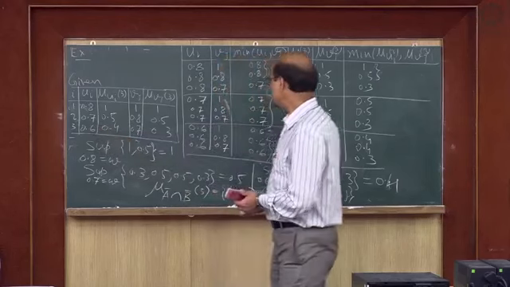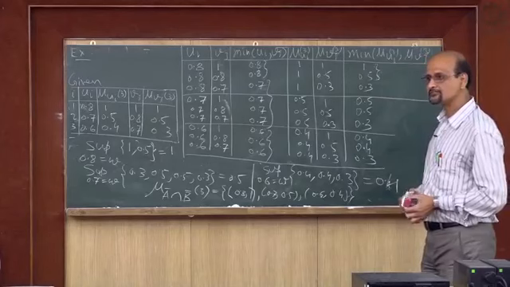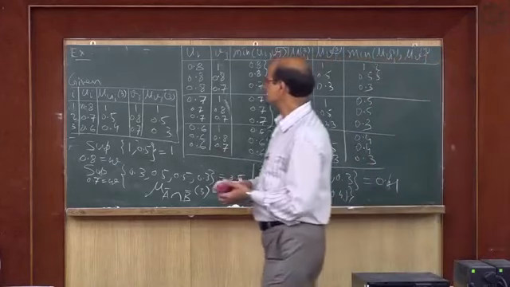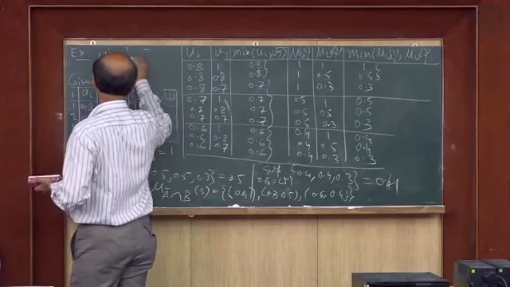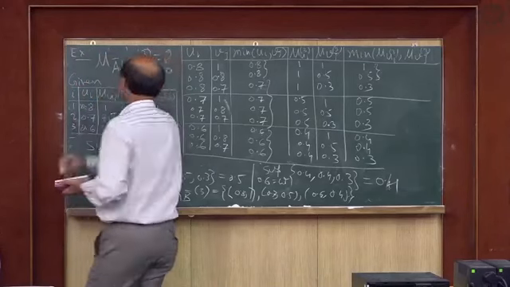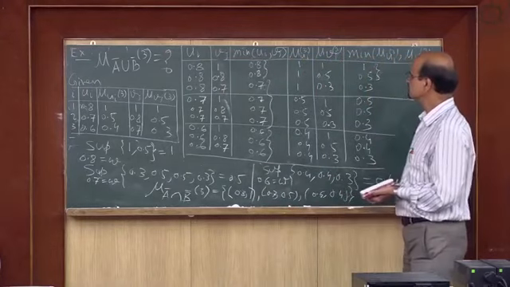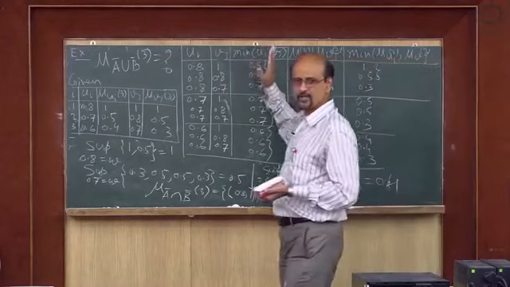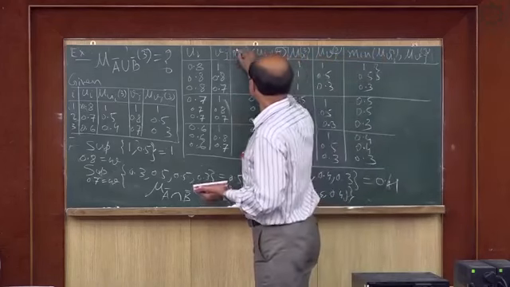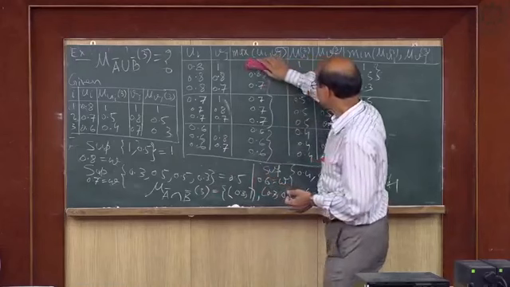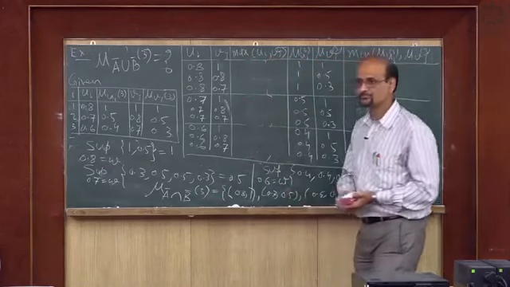Okay. Similarly I can do for union also. If I want to find the membership values of mu A bar union B bar at 3, from this table only I can do it. Only change will be here, I am doing it on the same table with maximum. Okay, I am only erasing these things, only these change.